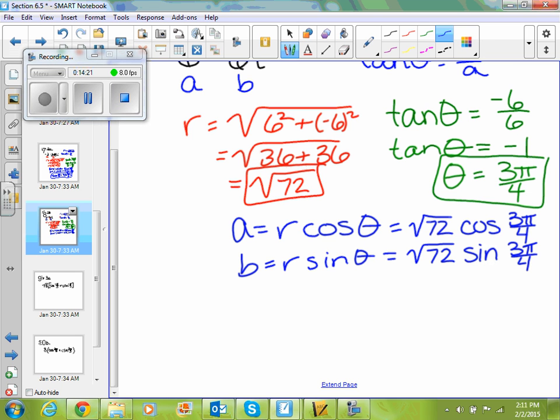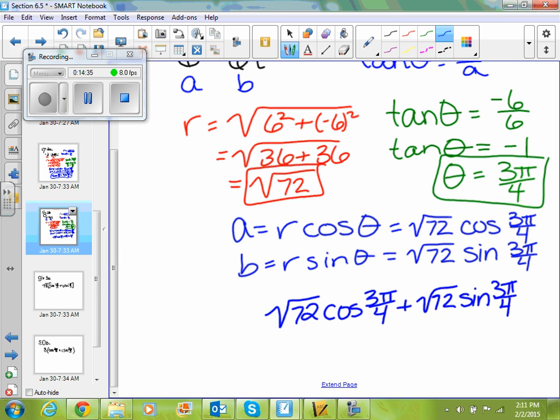So if I put that together, I get square root of 72 cosine of 3 pi over 4 plus square root of 72 sine of 3 pi over 4 i.